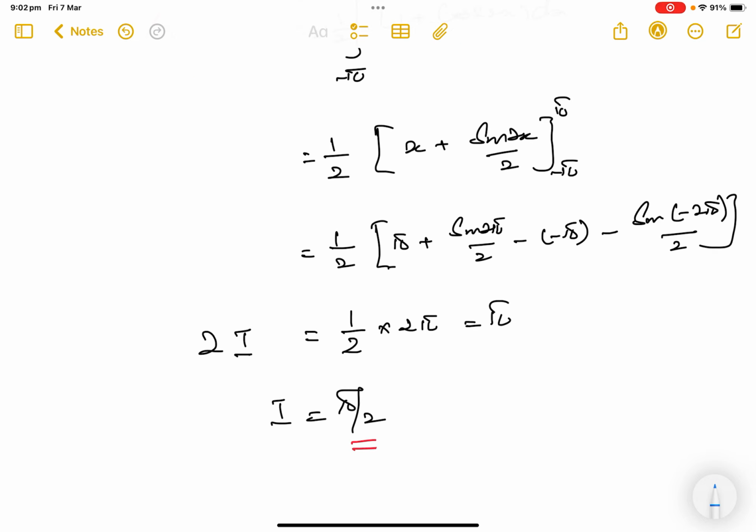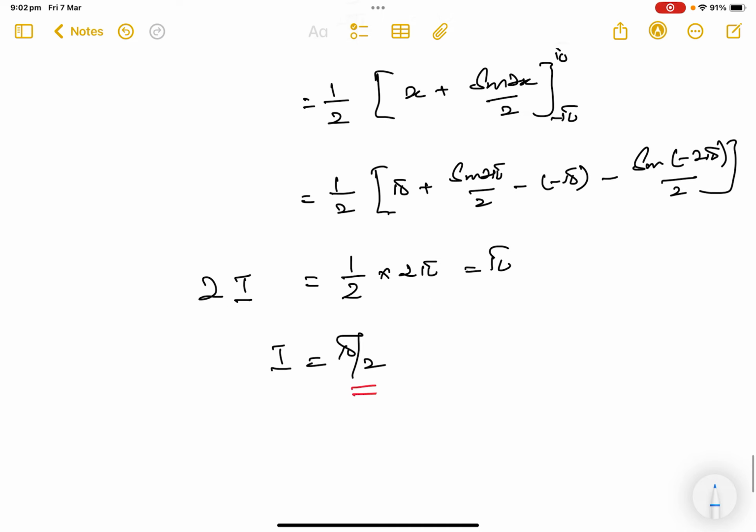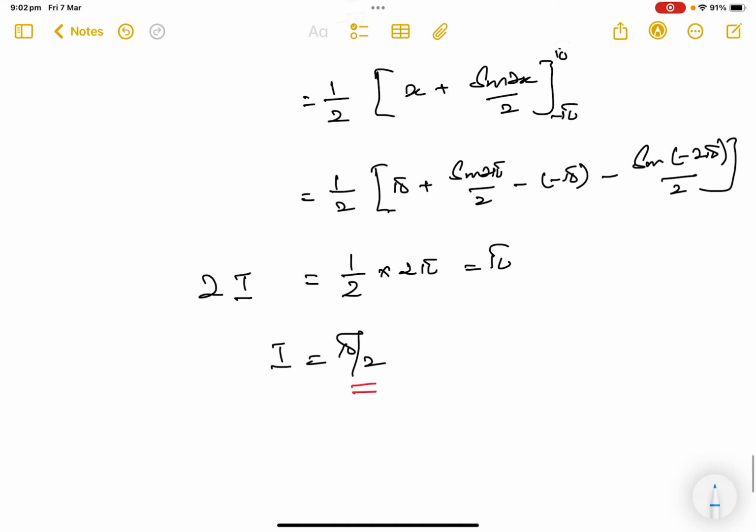Half is there, and the upper limit gives pi plus sin 2 pi over 2, minus the lower limit, which gives minus pi plus sin of minus 2 pi over 2. Here pi, minus minus another pi there, so 2 pi.